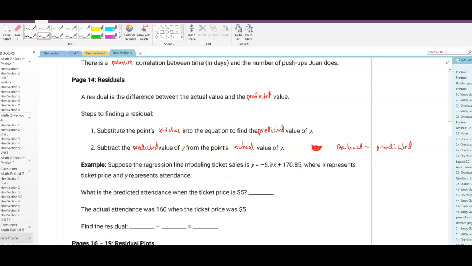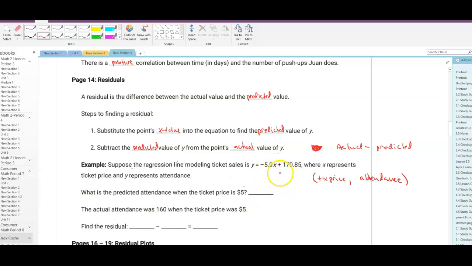So suppose the regression line modeling ticket sales is y equals negative 5.9x plus 170.85, where x represents the ticket price and y represents attendance. What is the predicted attendance when the ticket price is $5?